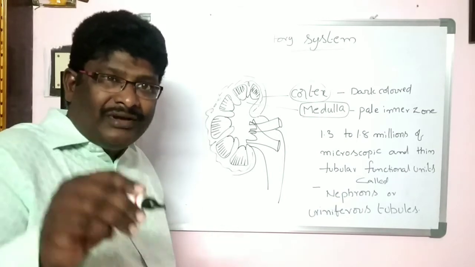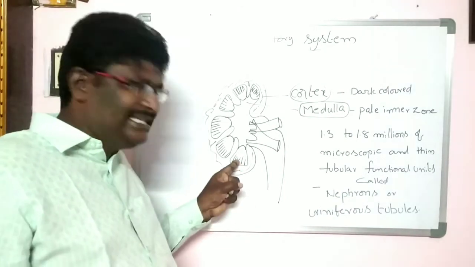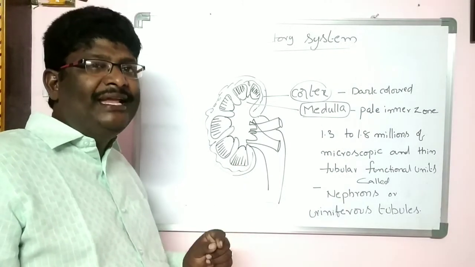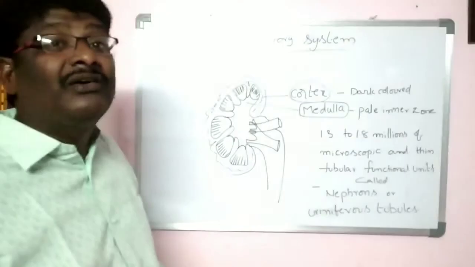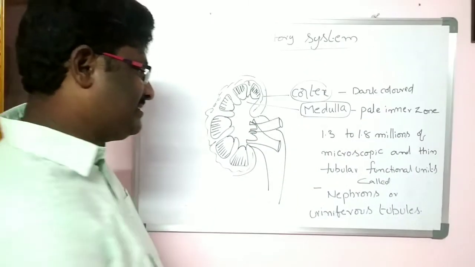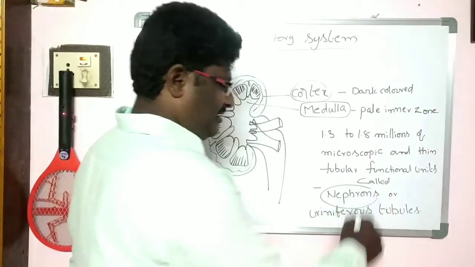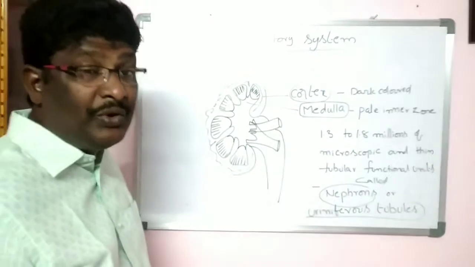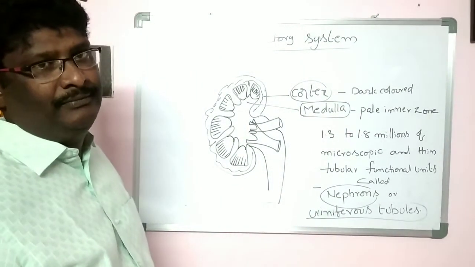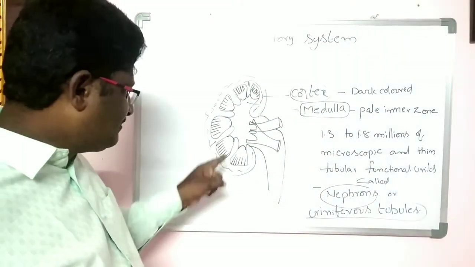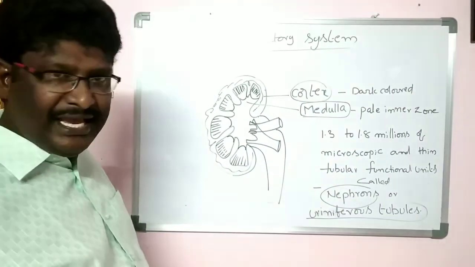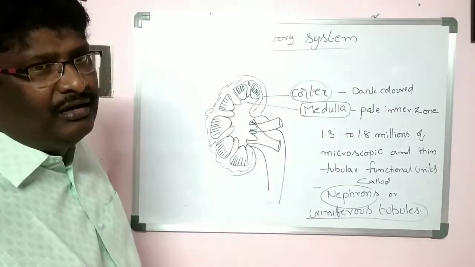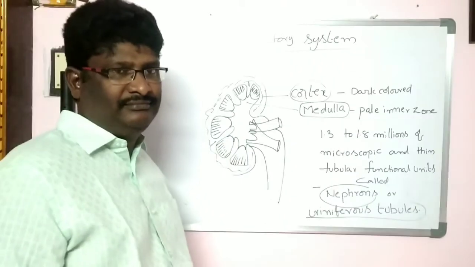The filtration process takes place in these fine tube-like structures, which are called nephrons, also called uriniferous tubules. Do you know how many there are in one kidney?